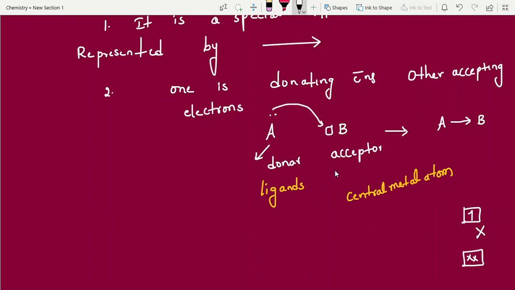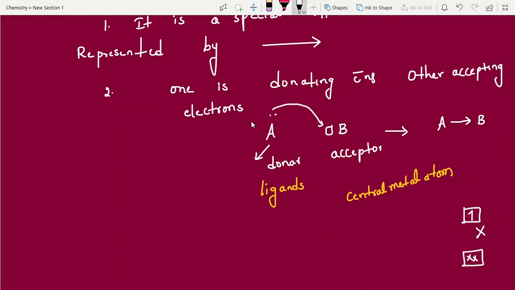If you need a little more explanation, better go through the chemical bonding chapter, where the dative bond was explained separately, I think in part 8 or 9. Now this is the introduction to the coordinate covalent bond.